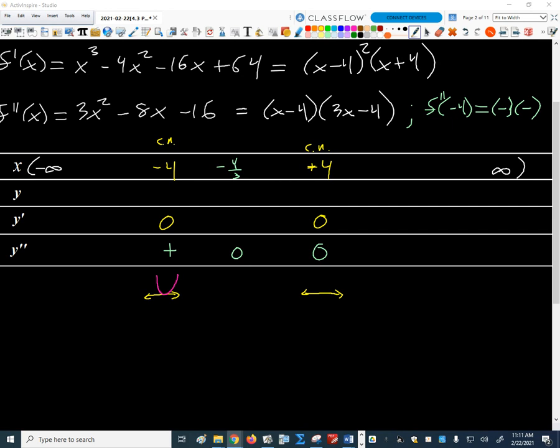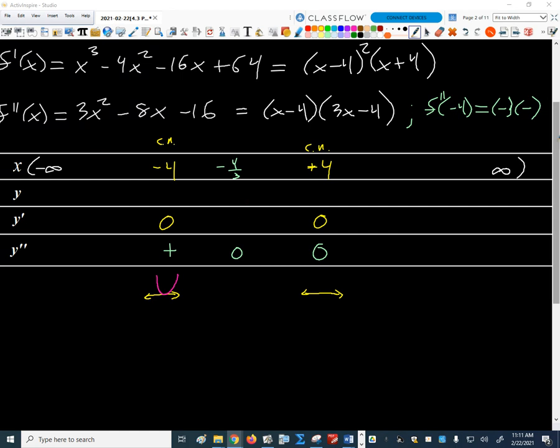We'll just revert back to the first derivative test, right? So then we could just check the value of the first derivative at some test points on either side. Well, here's one test point at -4/3. We've already got a value that is a 0 of the second derivative, but it's not a critical number for the first derivative. So we can just use that as a test point if we want to, right?